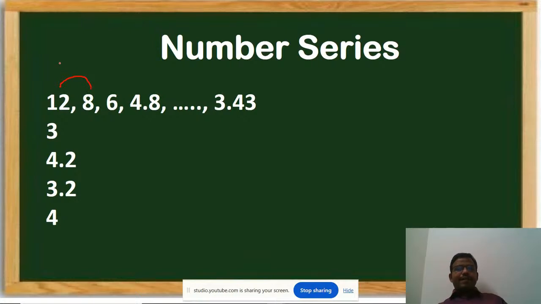12 to 8, 4. 8 to 6, 2. 6 to 4.8. So what is the logic? The difference is 4 to 1.2? Try to check whether it is correct or not.